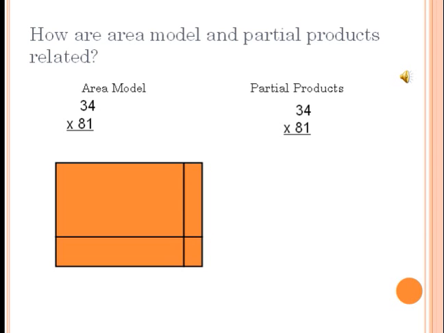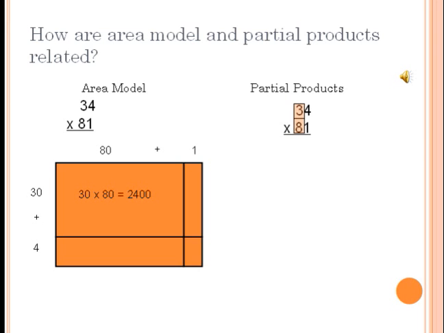As we've learned, with 34 times 81, we label one side 30 plus 4 and our top side 80 plus 1, breaking it into that area model. We start with that biggest chunk of 30 times 80, and we know that 30 times 80 is 2,400.